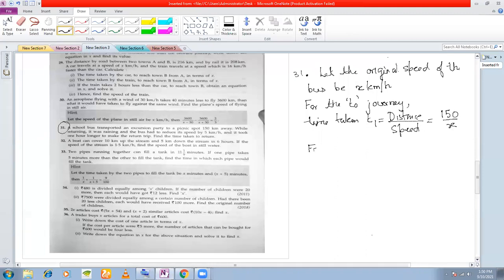Now for the fro journey, it was raining, so the bus had to reduce the speed. Therefore, time taken, let's call this t2.